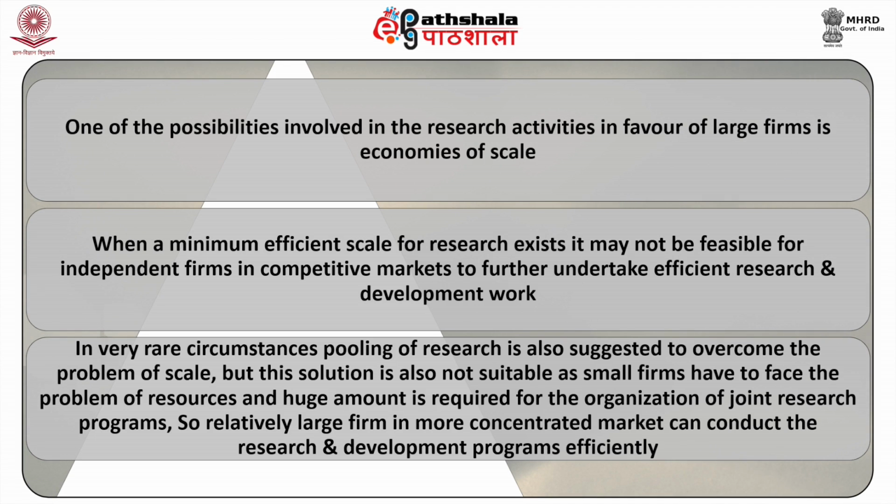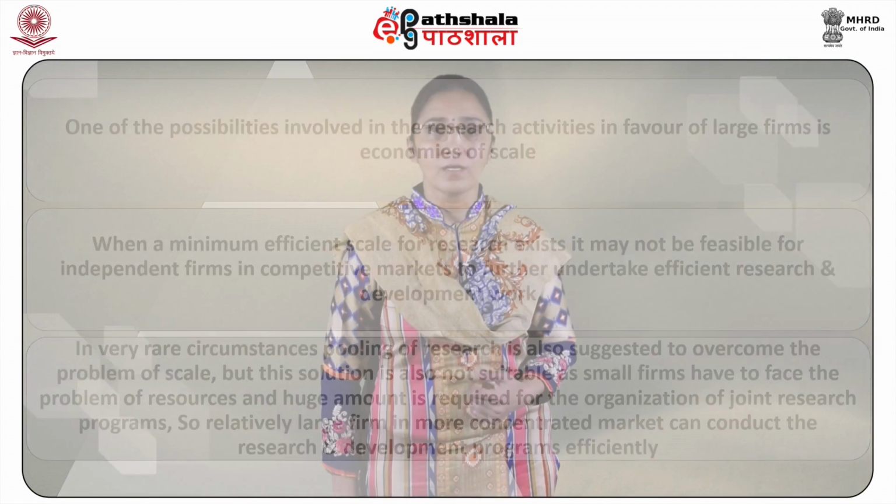In very rare circumstances, pooling of research is also suggested to overcome the problem of scale. But this situation is also not suitable, as small firms have to face the problem of resources and a huge amount is required for organization of joint research programs. So relatively large firms in more concentrated markets can conduct research and development programs efficiently.